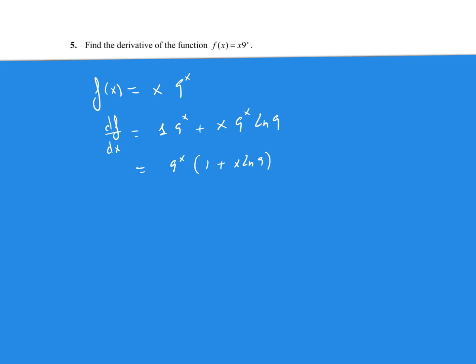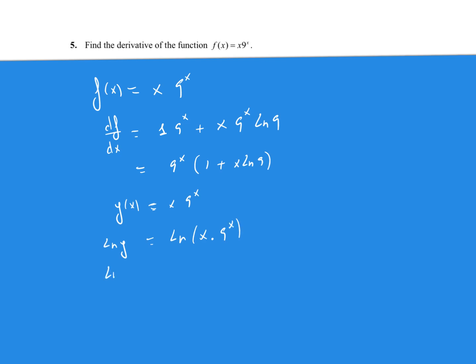The second way to do this problem maybe is to write it like this. y of x is x times 9 to the x. This is y. Let me take the natural log of y. The natural log of y will be the natural log of x multiplied by 9 to the x.